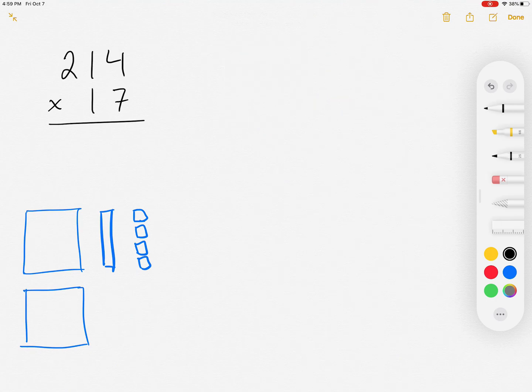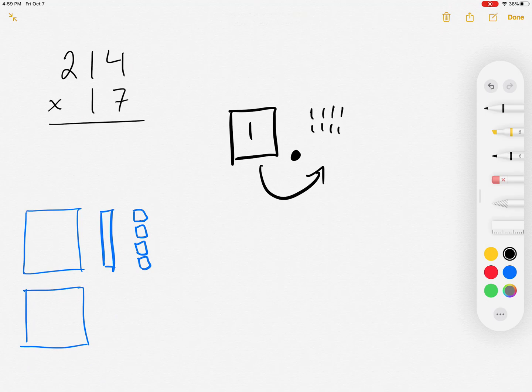So if I have 1, let's take a big block. This is 1, and I have a decimal here, and I go one place value to the right. Well, it takes 10 little things like this to equal the place value to the left.